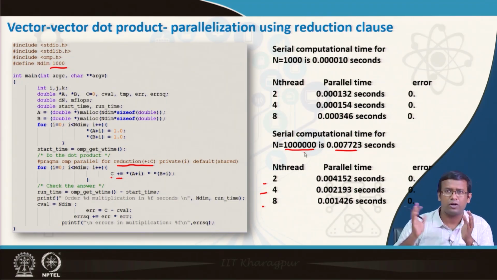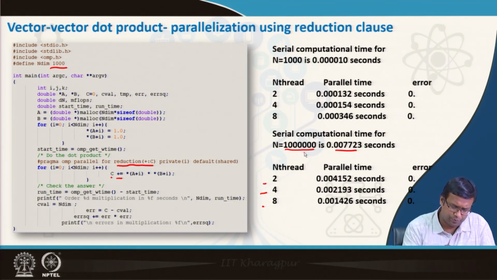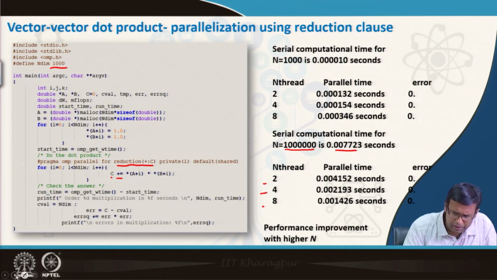That proves our initial proposition: if the task is small, do not parallelize it. If the task is large, because we were doing it for a 1 million size vector, then there is some benefit of parallelizing it. Well, program performance improves with higher values of n.